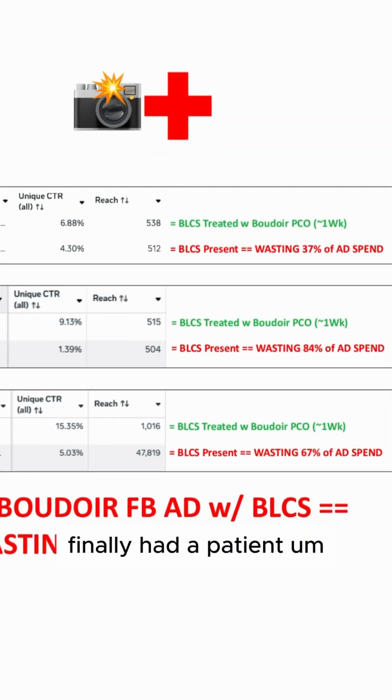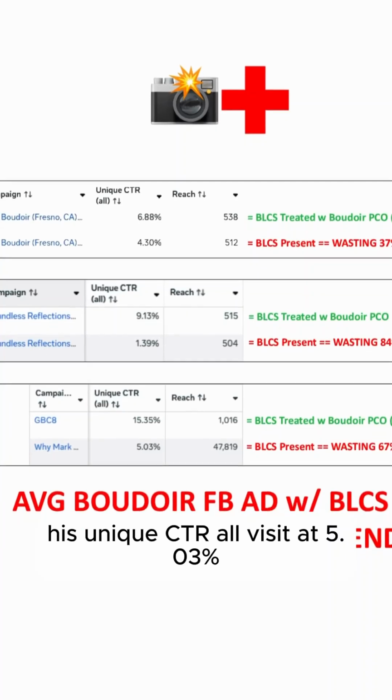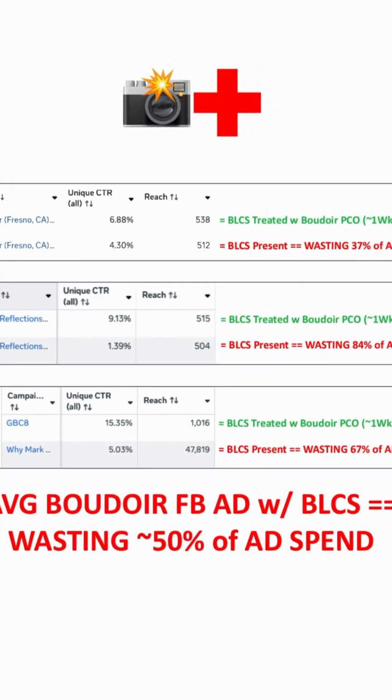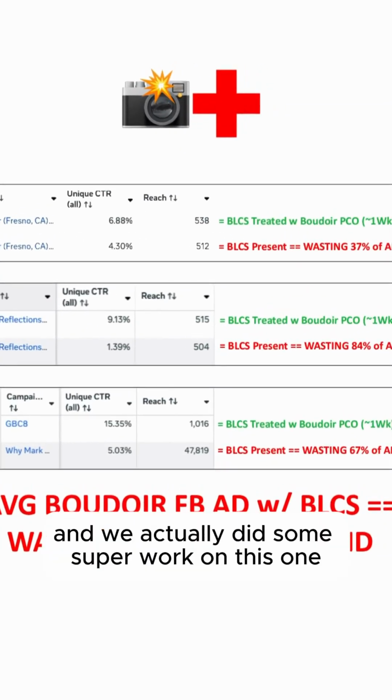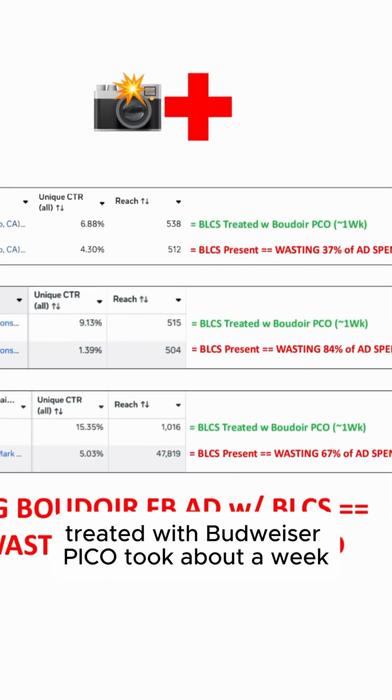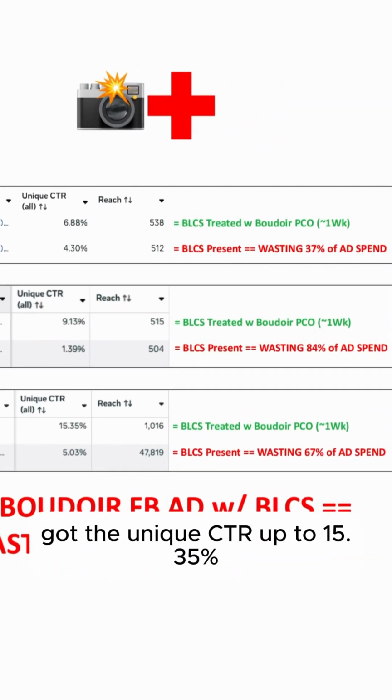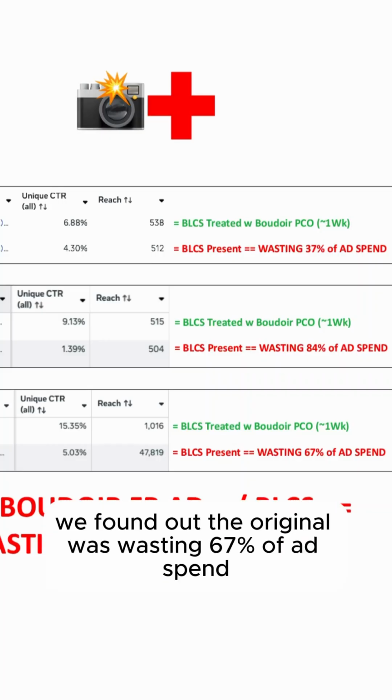Finally had a patient, his unique CTR of his ad was 5.03%, and I actually did some super work on this one. Treated it with Boudoir Pico, took about a week, got the unique CTR up to 15.35%. So found out the original was wasting 67% of ad spend.